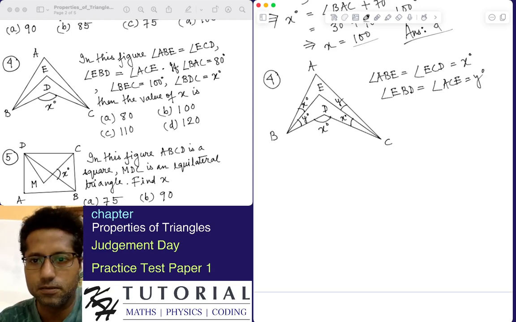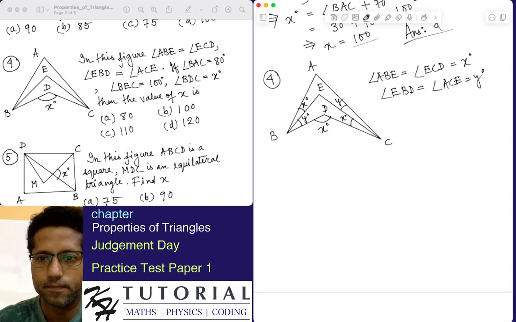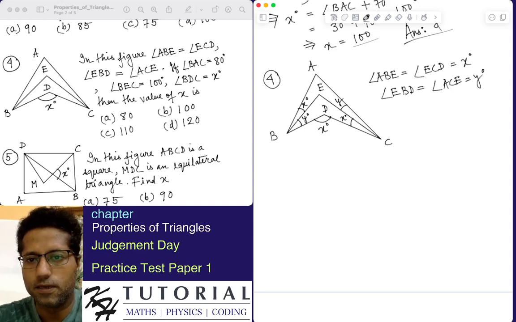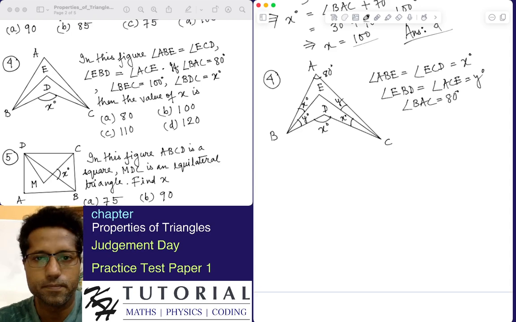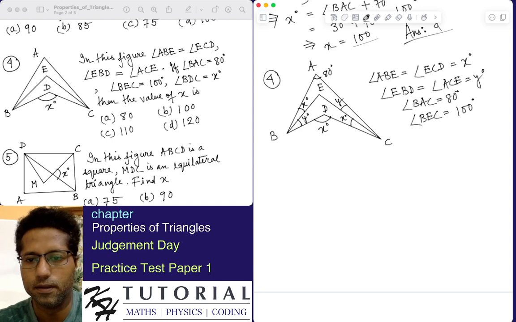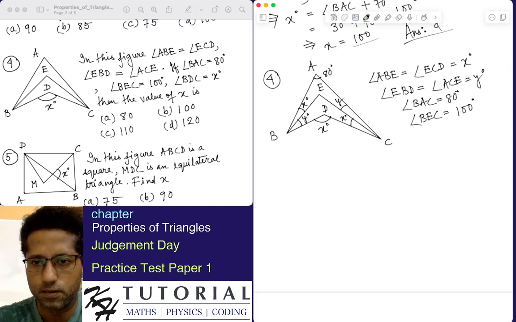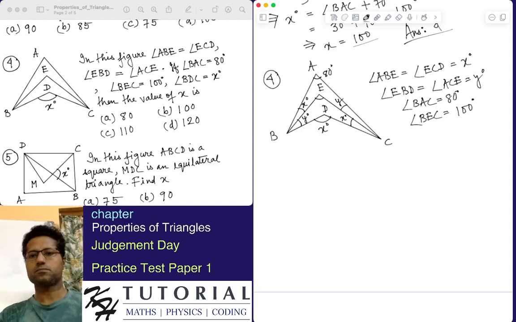Angle BAC is 80 degrees, so we have this angle 80 degrees. Angle BEC is also given to be 100 degrees. Okay.